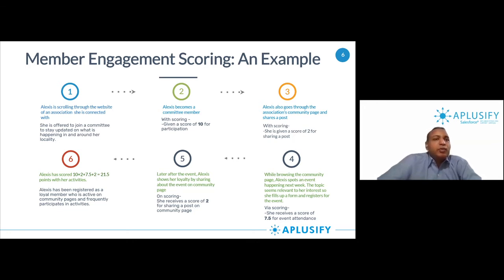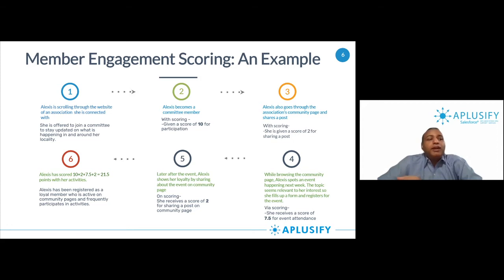So her total score becomes 10 plus 2 plus 7.5 plus 2, which is 21.5. This score will keep adding up as she does more activities in your system, right? If she attends another event, she will get another 7.5 points. She shares another post, she will get another 2, and these points get accumulated in the system.